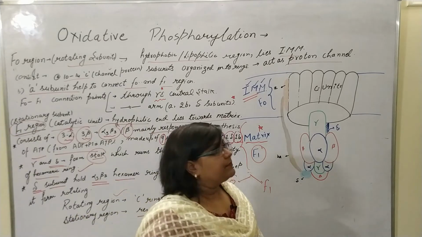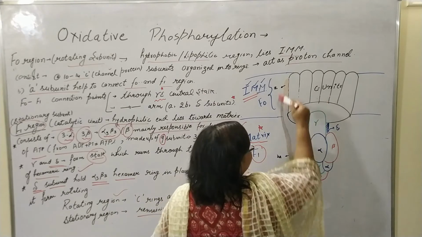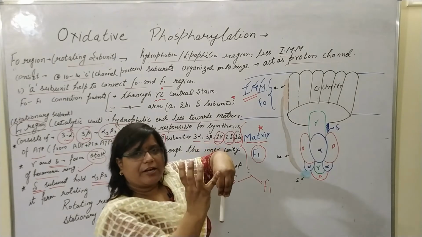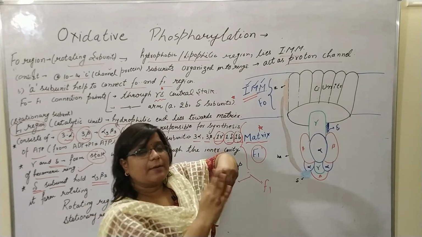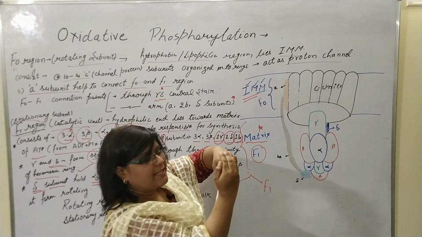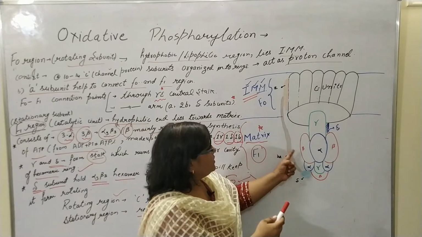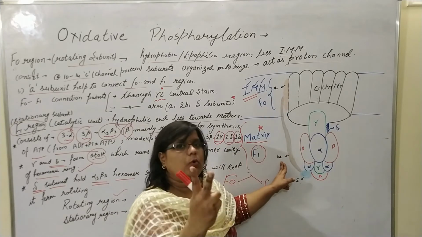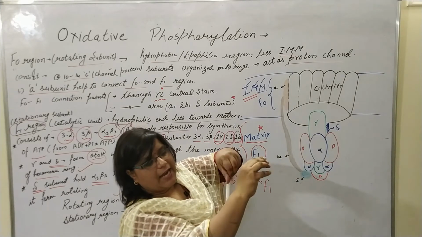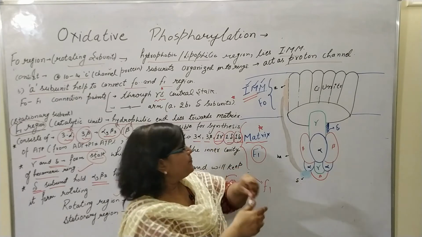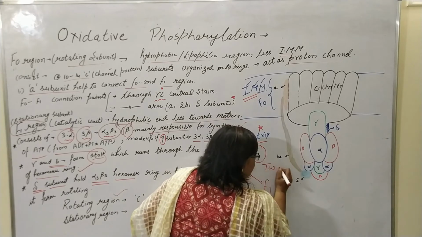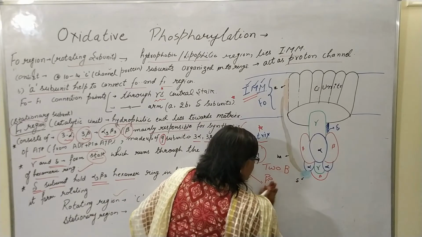So here is the F0 region. Around 10 to 14 C proteins, channel proteins, C units are present, and this is associated with the A subunit, the A polypeptide chain. This A polypeptide chain is combined with the F1 region with the help of the 2B polypeptide chains, so don't get confused.